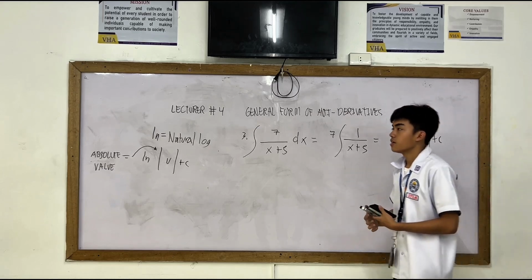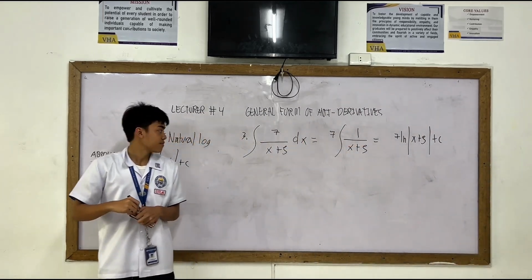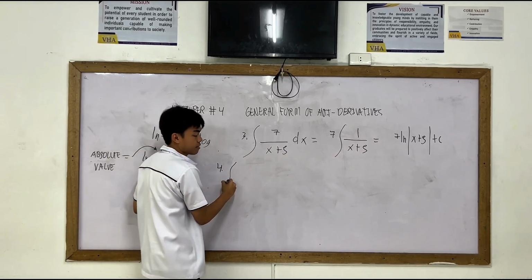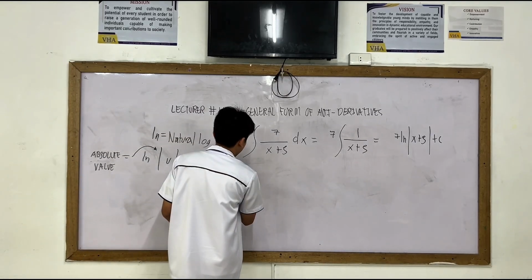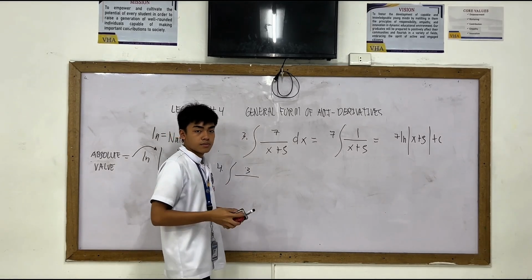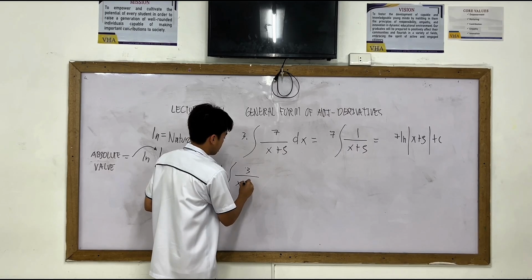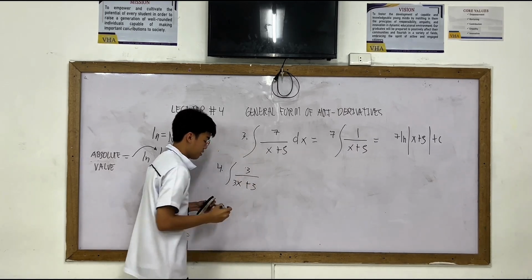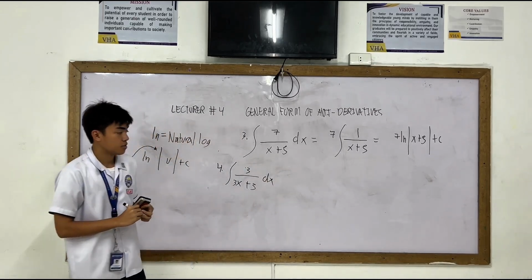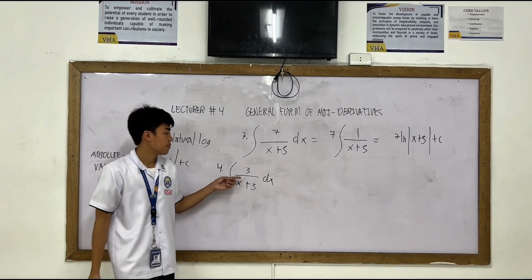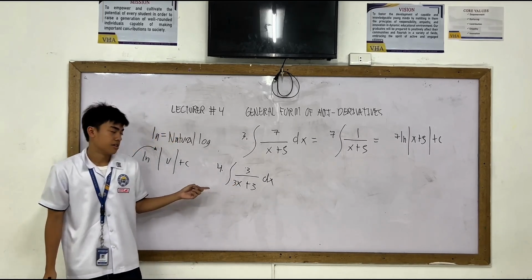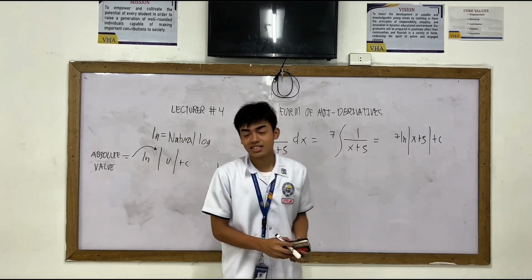Then let's head on to number 4. In the top and bottom, there is a number and there is a number with the variable x.